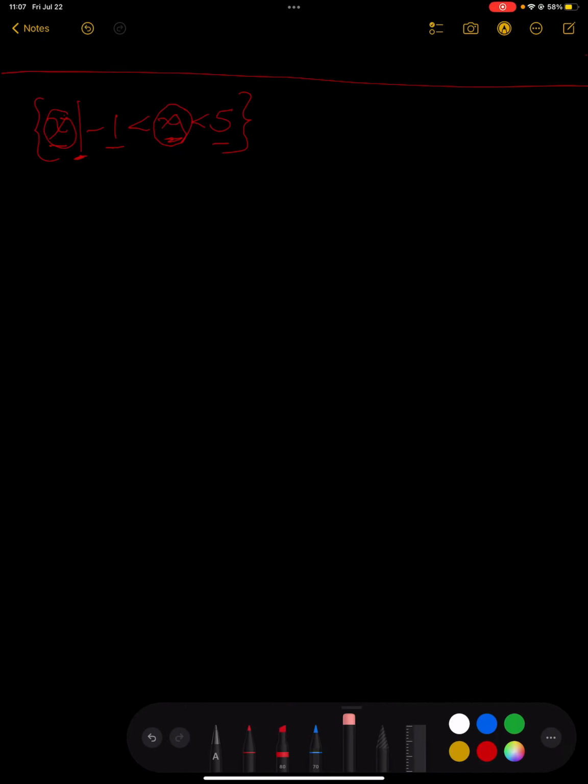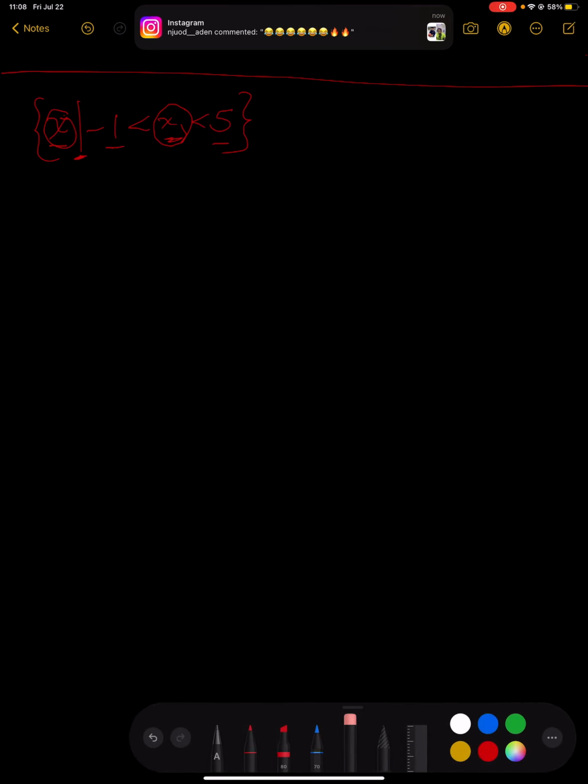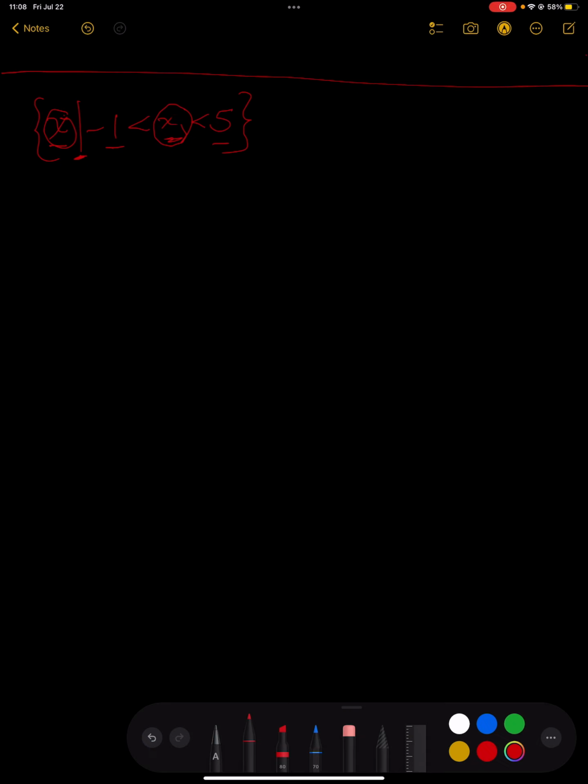And now let's see how we're gonna graph it. So you know how when you graph a 2D, or actually that's a one panel. So this is x, right? What those two arrows mean is infinity.